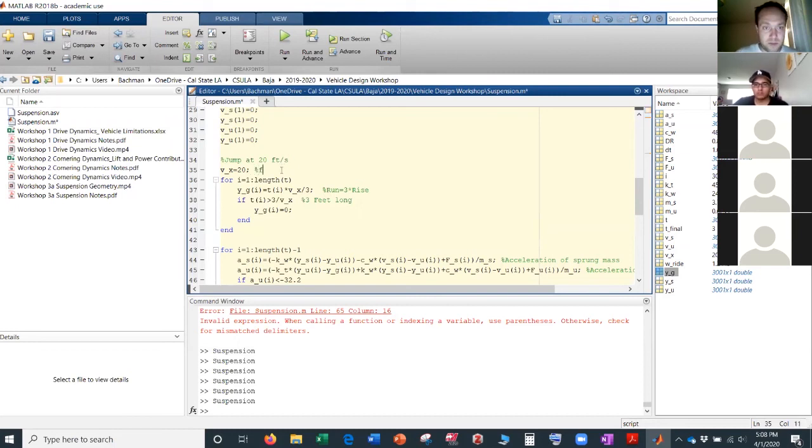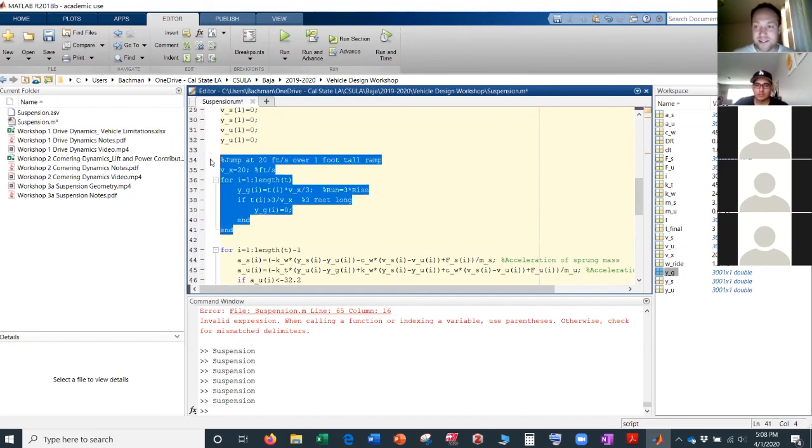This is in feet per second. 13.6 miles per hour. Okay, nice.